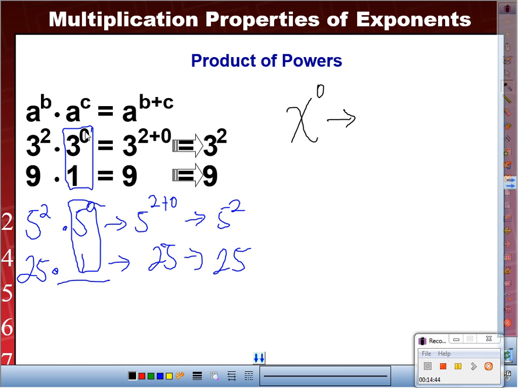Let's see, 3 to the 0 became 1, 5 to the 0 became 1, so therefore this is 3 to the 0, 5 to the 0, x to the 0. Hands if you got that. So the rule would be any number to the 0 exponent is 1. Does everybody agree with that? Okay, so now that we have that, let's move on.